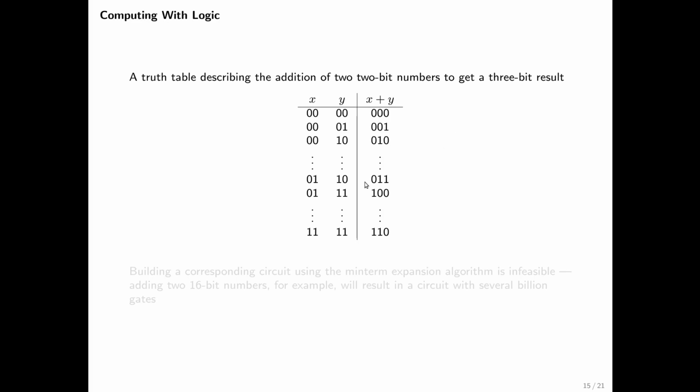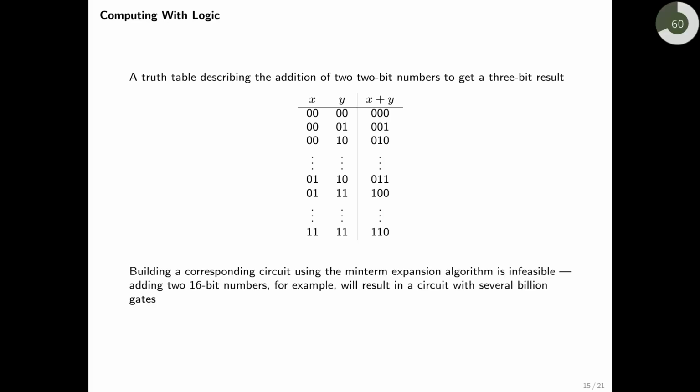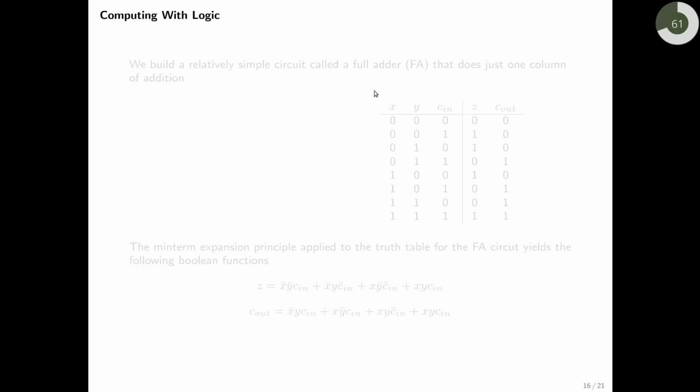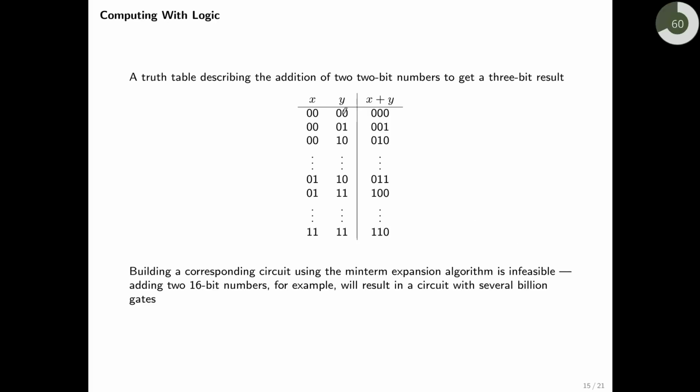Okay, so here's the truth table. Now the question is, how do we build some hardware that actually computes this? We can naively do that using the min-term expansion principle. We focus on each column and apply the min-term expansion principle.